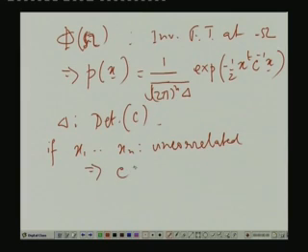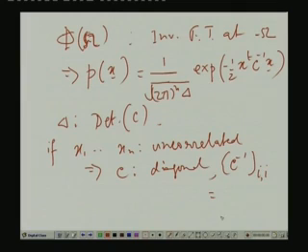The ith diagonal element will be 1 by sigma i square because of inversion, where sigma i square is the variance of xi. Obviously the determinant of C will be the product of these various terms, sigma 1 square into sigma 2 square into dot dot dot sigma n square, because we have only diagonal entries.